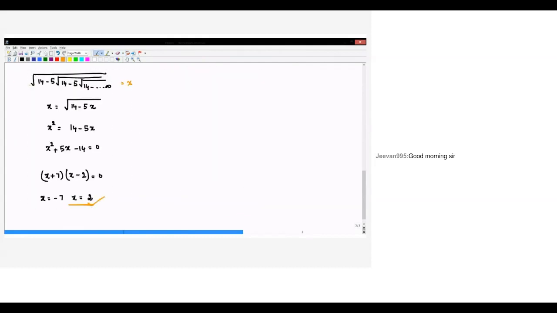They'll give you this, and you need to find out this. Suppose you are getting this equation x square plus 5x minus 14.